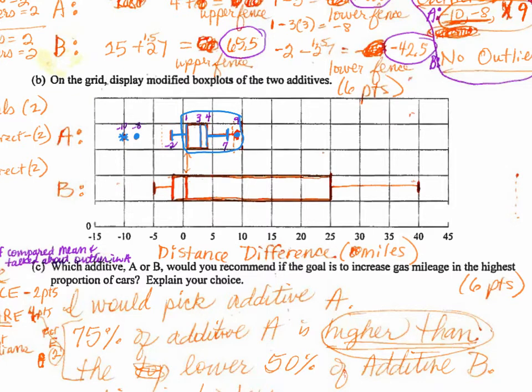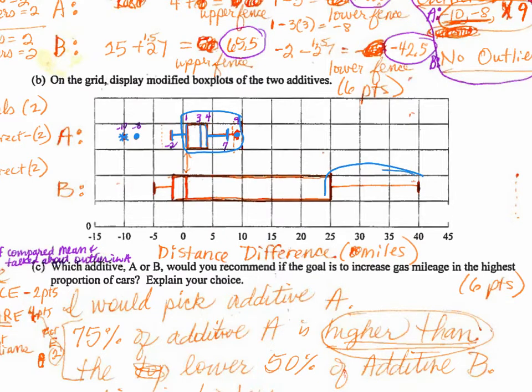Okay, but maybe who picked B? Who thinks B was better? Okay, and what was your reason why you thought B was better? I said that 50% of the data set with additive B had a higher gas mileage than 75% of A. Yep. See this right here? Well, I don't know about that.